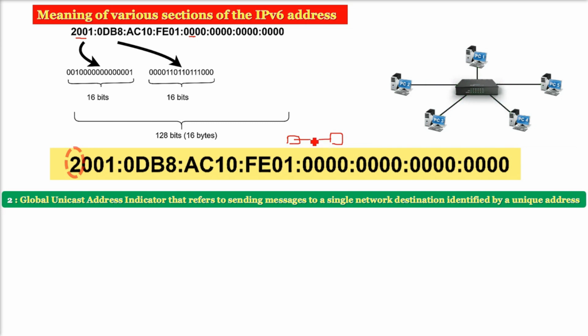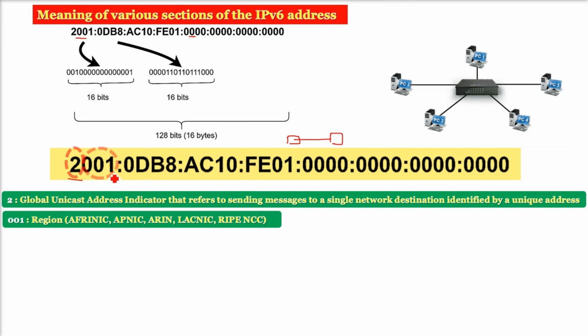So the first hexadecimal value in that field or group corresponds to the global unicast address indicator. The second one, which is 001 here, I am taking the first group only, corresponds to a region. It can be Africa, it can be Latin America, like that.